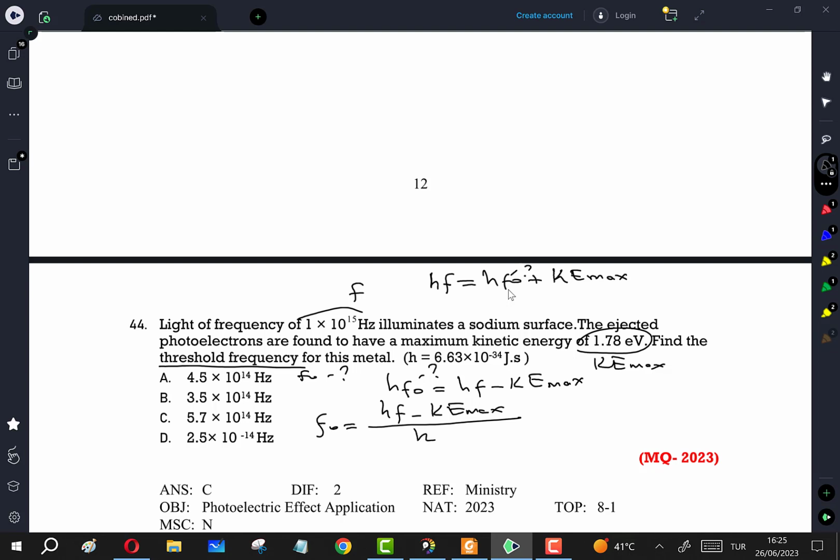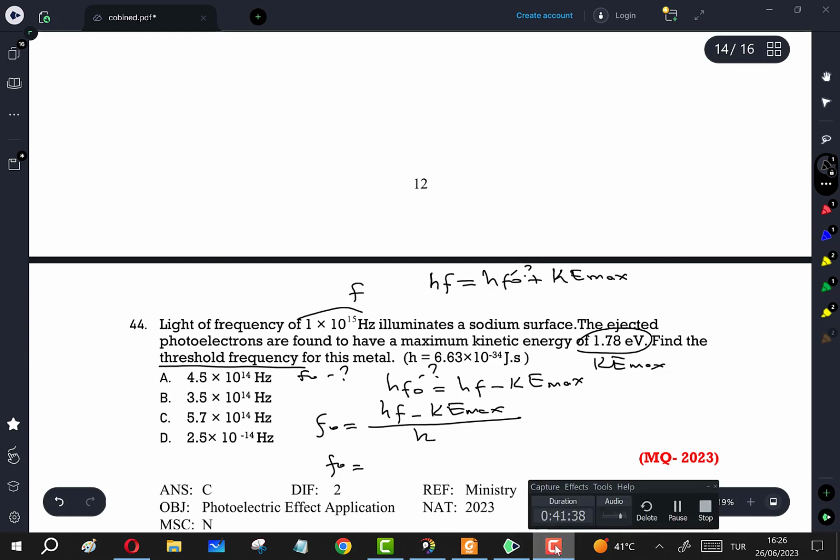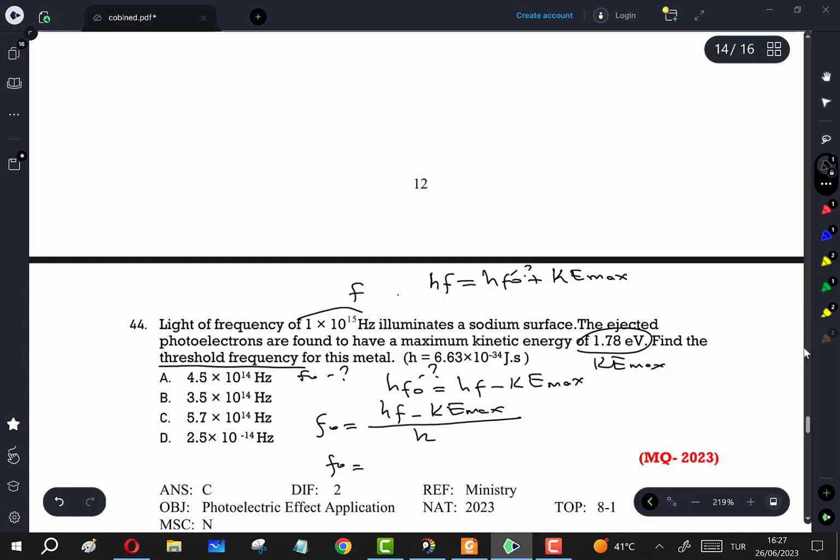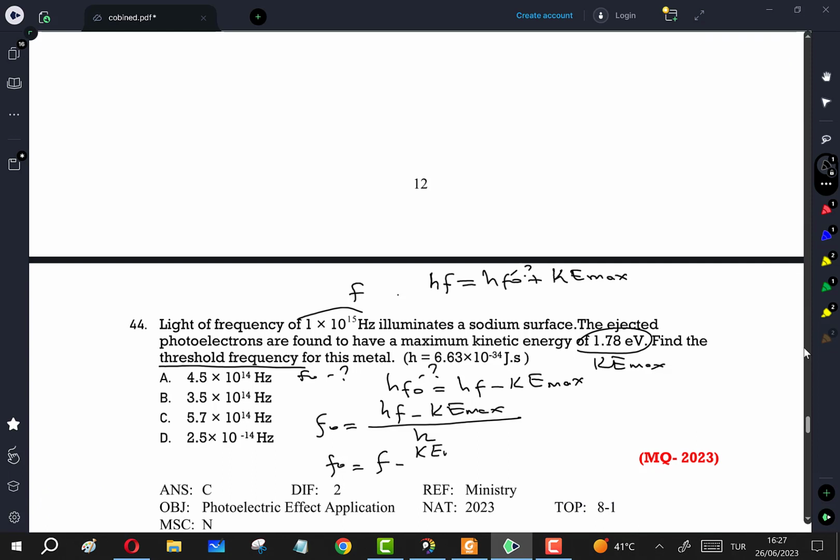You can go further in simplification if you want. This h will simplify, so f0 becomes f minus kinetic energy maximum divided by h. f is 10 to the power of 15 minus the kinetic energy maximum, which is 1.78 electron volt, but we don't use electron volt.